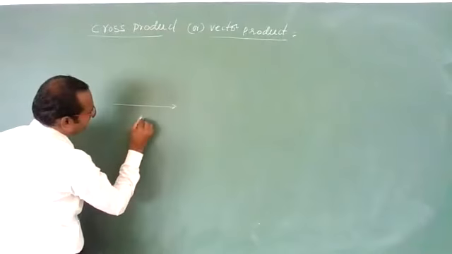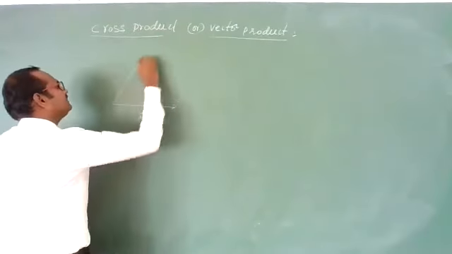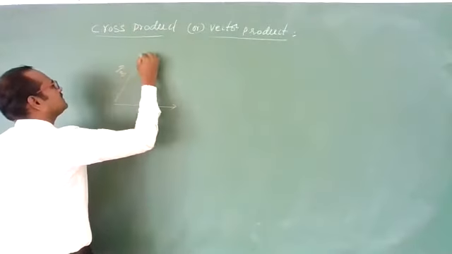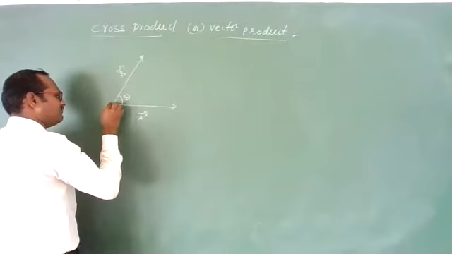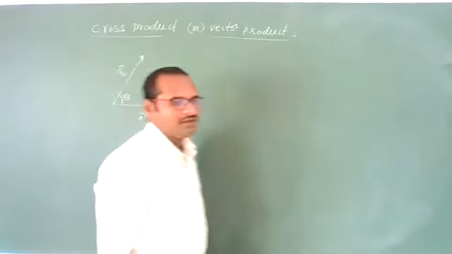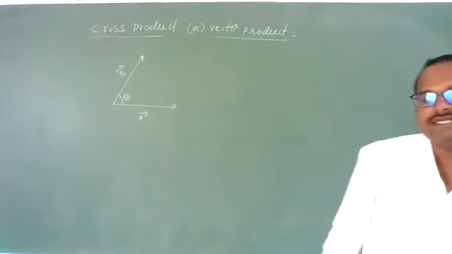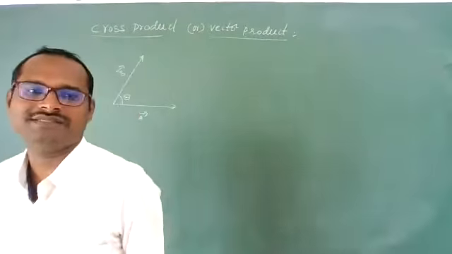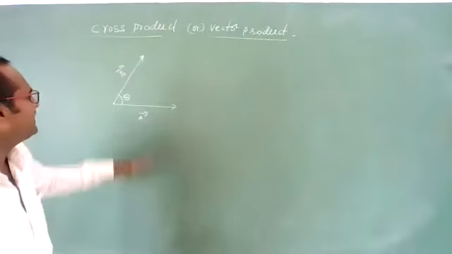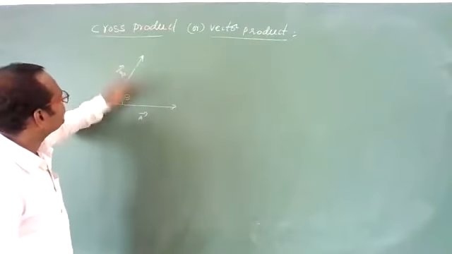Let us suppose we have two vectors, A bar and B bar, making some angle theta between them. By multiplying these two, you should get the value along with the direction. What will be the direction of the cross product of these two?